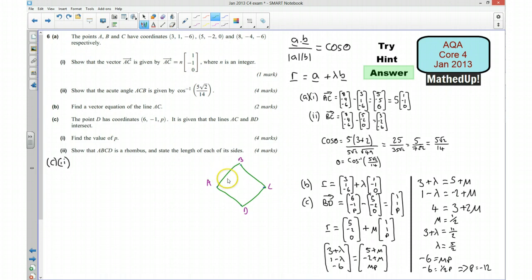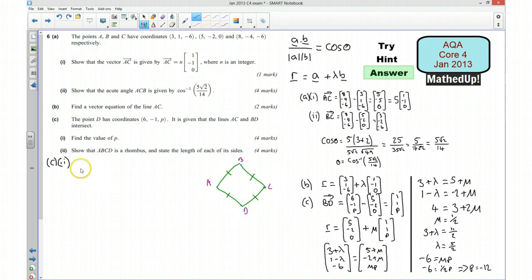In order for it to be a rhombus, the lengths of all these need to be equal to each other. So all of the vectors that connect these together, the magnitude of those vectors all need to be the same as each other.